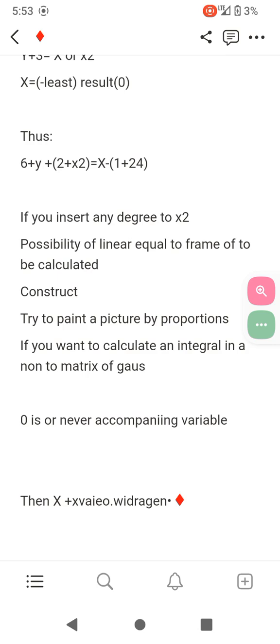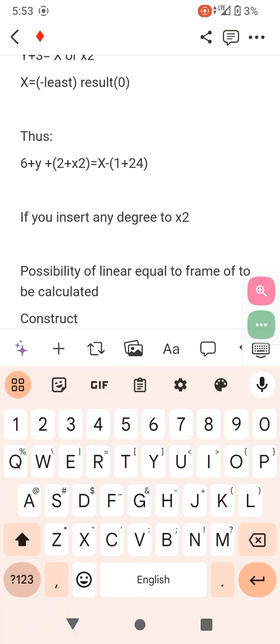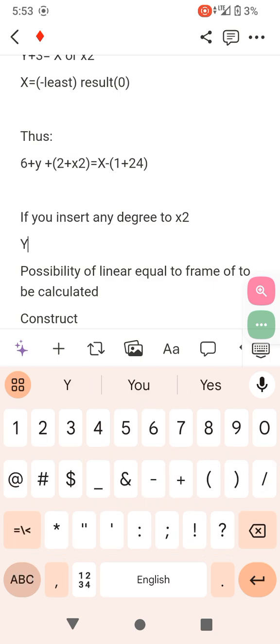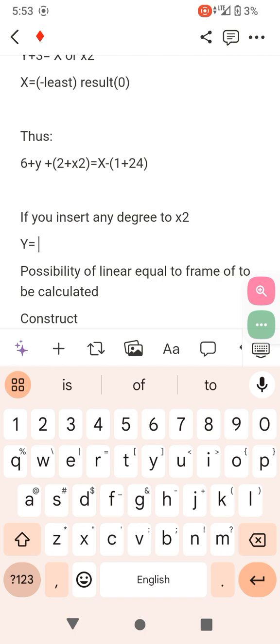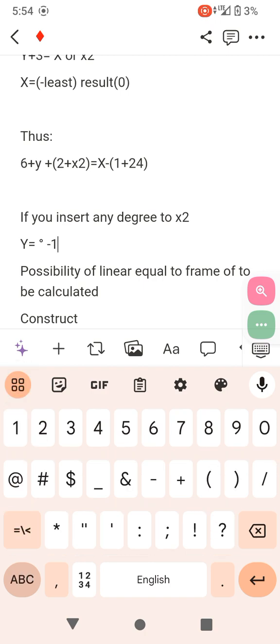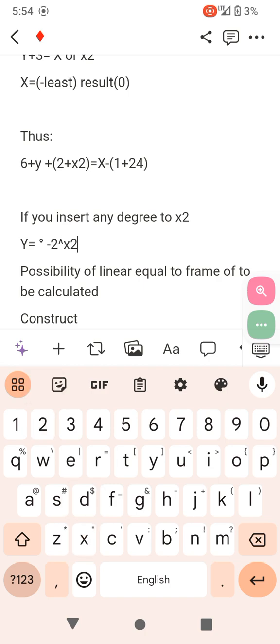So if you insert any degree to x2, you can already use it, but it's rather better used if y equals also an inserted degree, minus 1, not 1, minus 4, for example, or better said, minus 2 times x2.